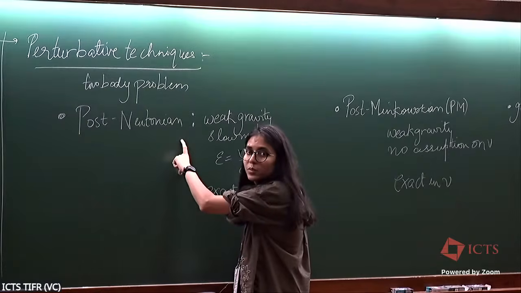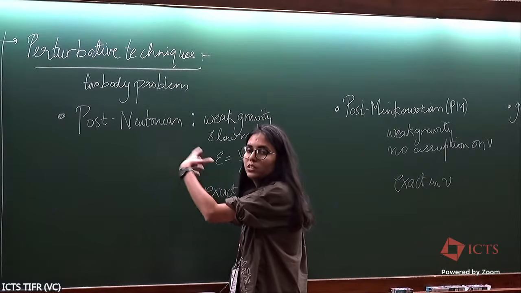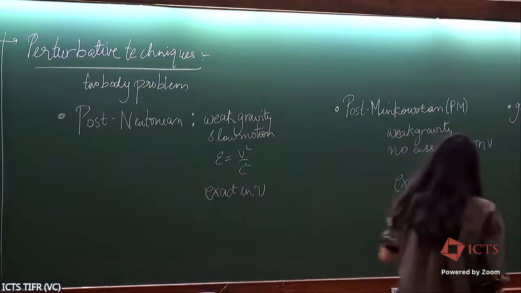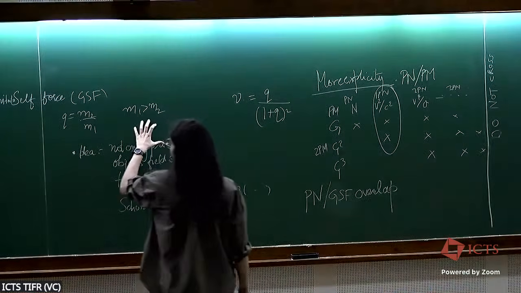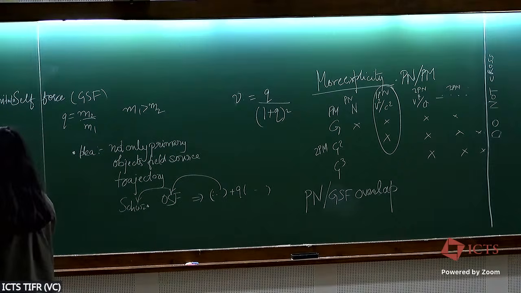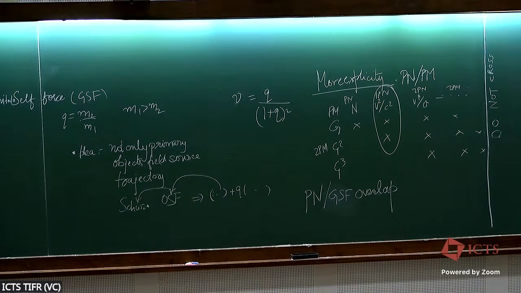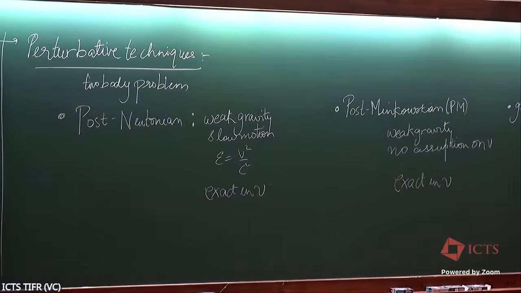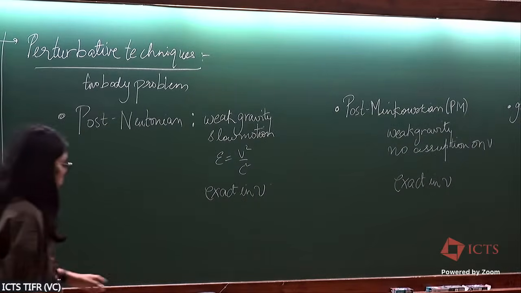And if I have some results about PN, which gives me a nu square kind of term, I should be able to obtain something in gravitational self-force. So there is an overlapping regime implying something here can be informed by this overlap. And that's what we want to do.